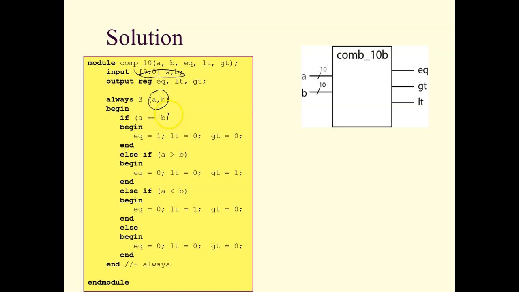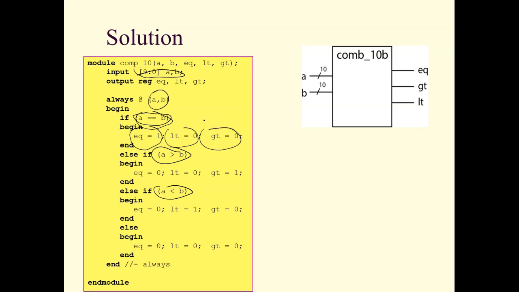And here we go. There are three relational operators here: equal, greater than, and less than. Under each of those operators, we assign the appropriate values. So if A equals B, equals gets assigned 1, and the other two variables get assigned zeros.